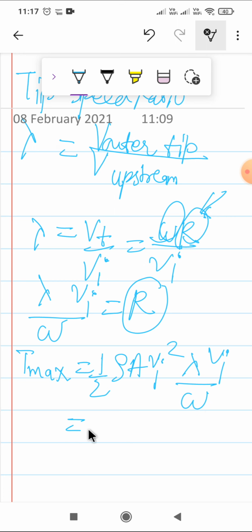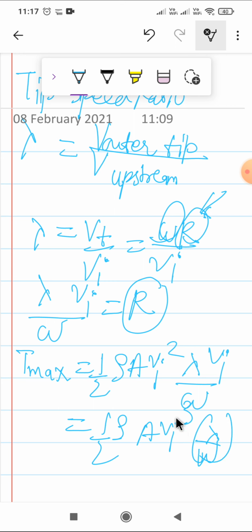So this will become 1 by 2 rho A Vi cube into lambda by omega. Just wait a second.